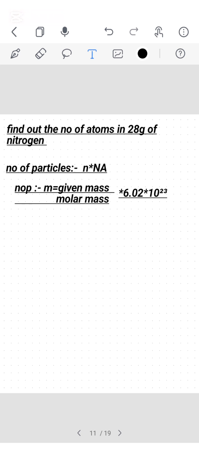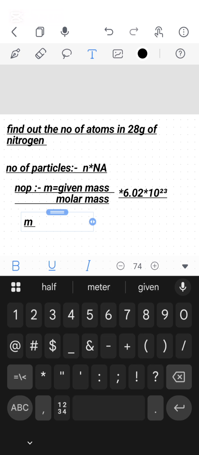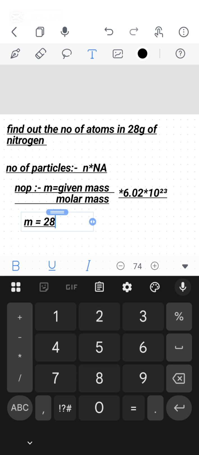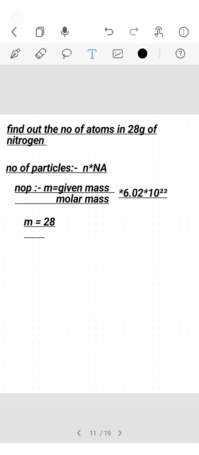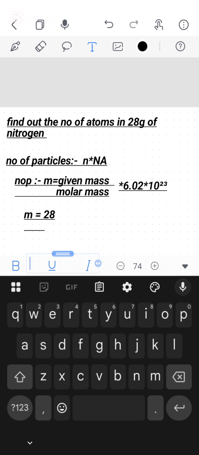Okay, so now firstly the given mass is 28 gram, so we will be writing that m is equal to 28, but we don't have any molar mass, so we will be finding that. So what is the molar mass of nitrogen?